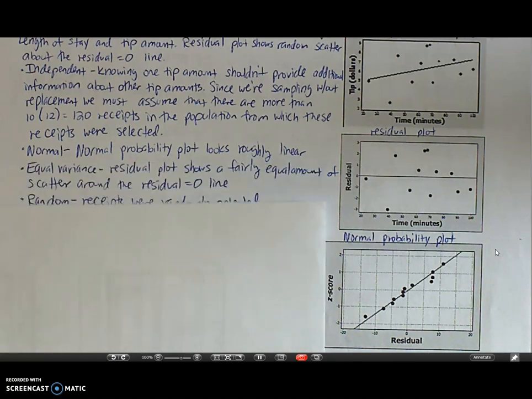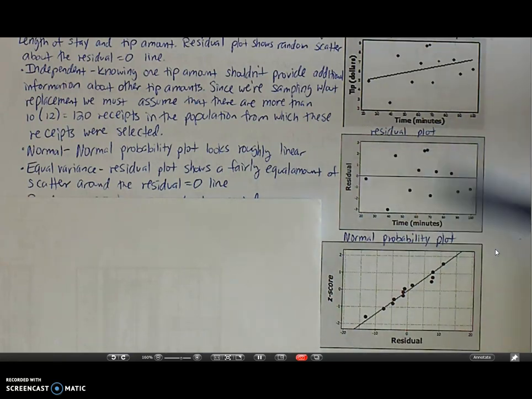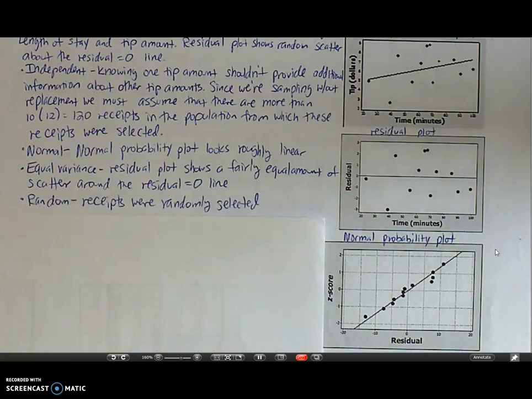E stands for equal variance. Again, looking at your residual plot, it shows a fairly equal amount of scatter. There's what, 1, 2, 3, 4, 5, 6 above, 1, 2, 3, 4, 5, 6 below, about equal scatter. And then last but not least is our random, and our receipts were randomly selected as it was stated in the problem.